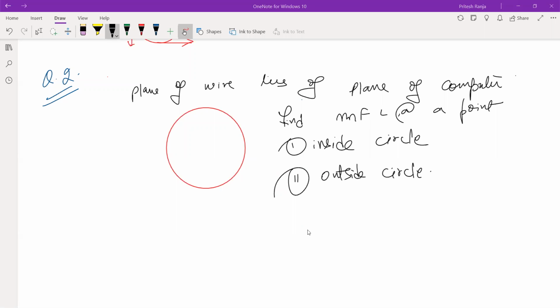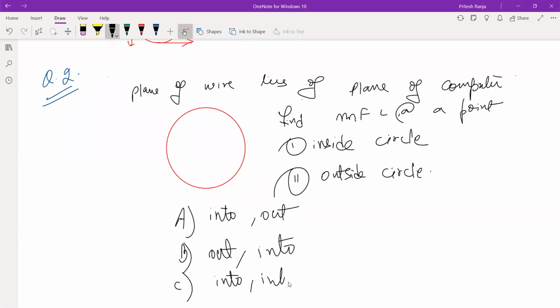तो इसके भी चार ऑप्शन हैं. You can select it clearly. A: into, out. That means into the plane, out of the plane. B: out of the plane, into the plane. C: into the plane, into the plane. And D: out of the plane and out of the plane.